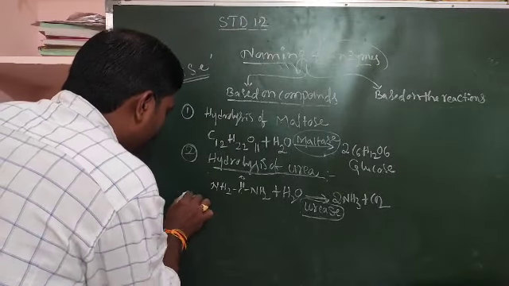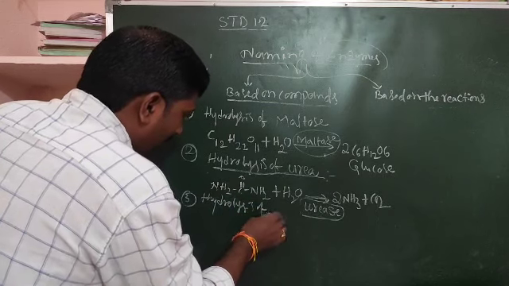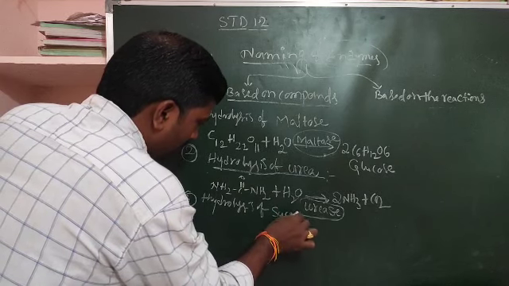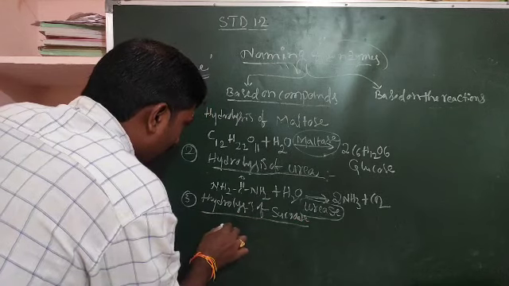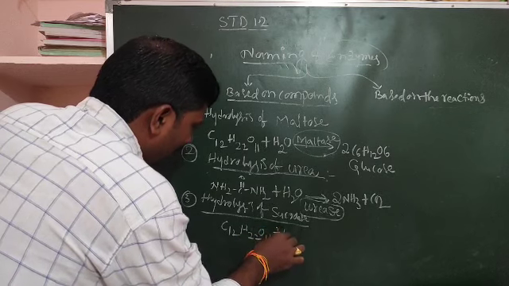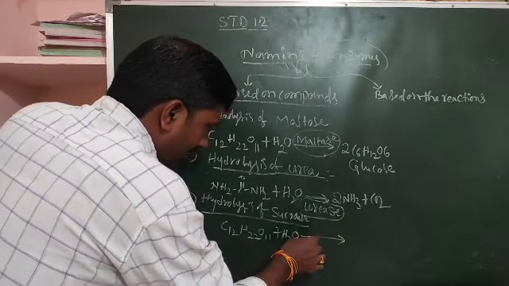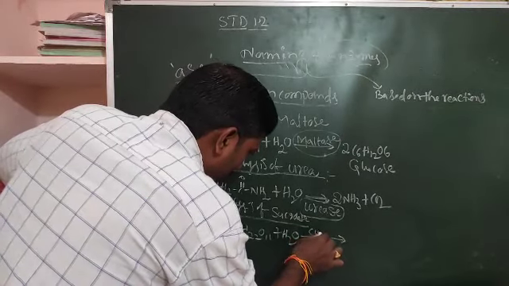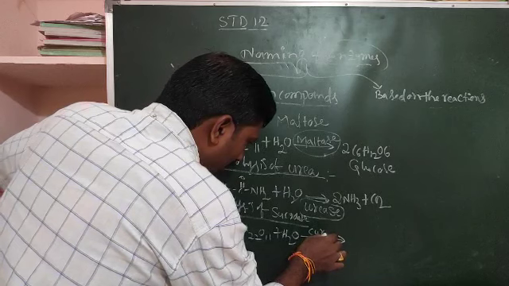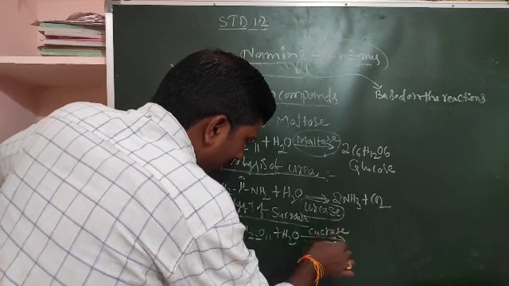Third, hydrolysis of sucrose. Sucrose formula is also C12H22O11, in the presence of water, hydrolysis, with the catalyst sucrase.